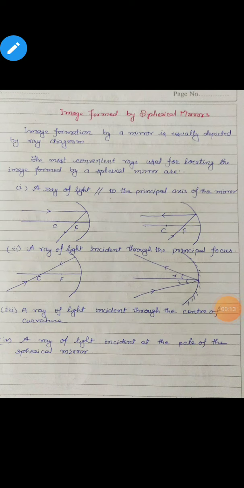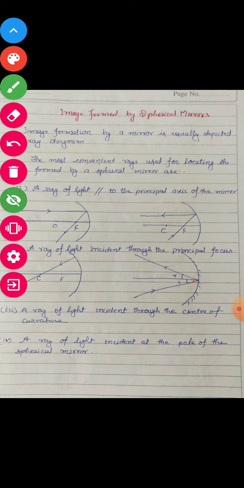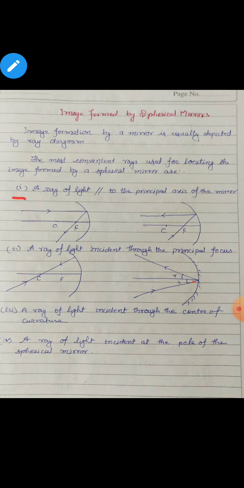Image formation by a mirror is usually depicted by a ray diagram, and the most convenient rays used for locating the image formed by a spherical mirror are, number one, a ray of light parallel to the principal axis of the mirror, which after reflection passes through the focus. For that, you can see the image which has been drawn here.